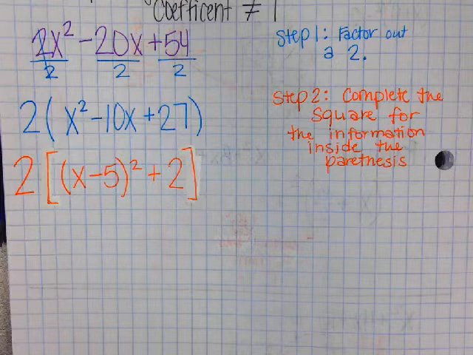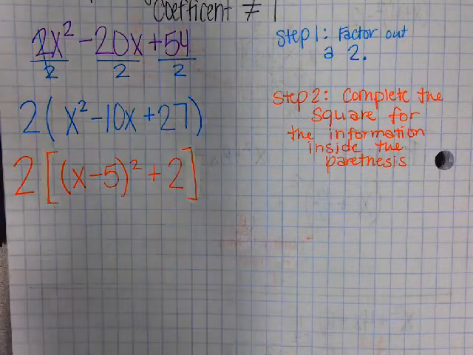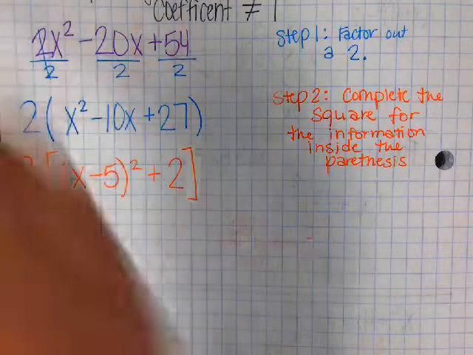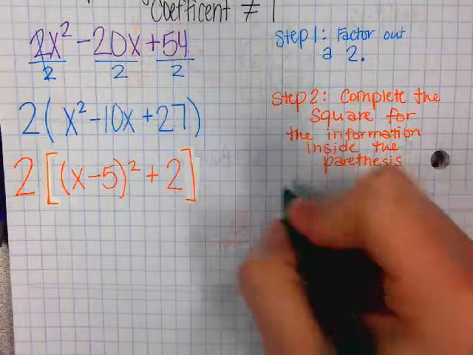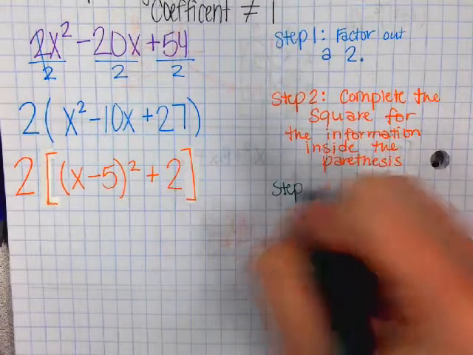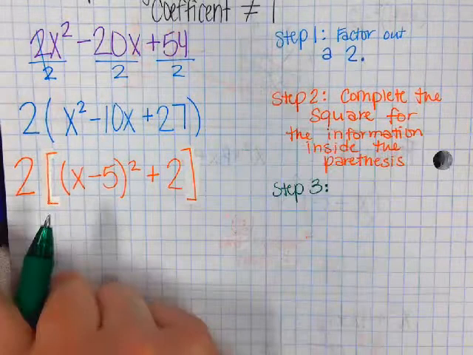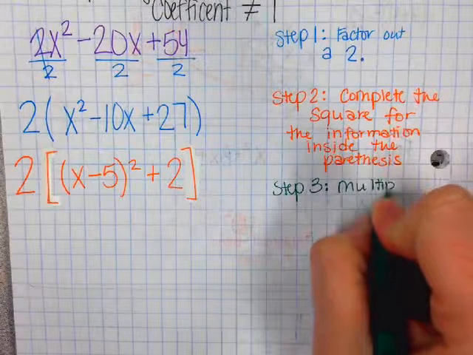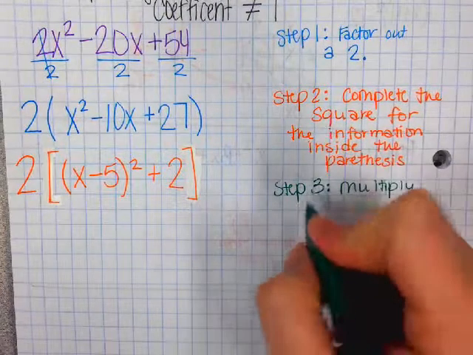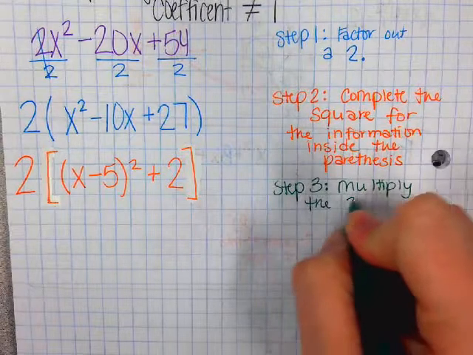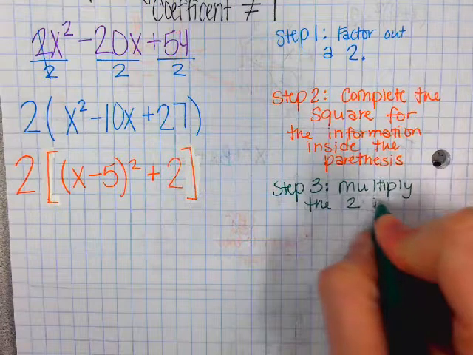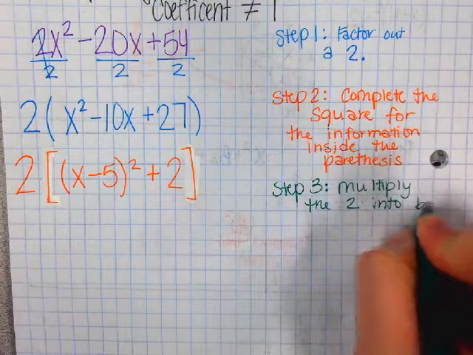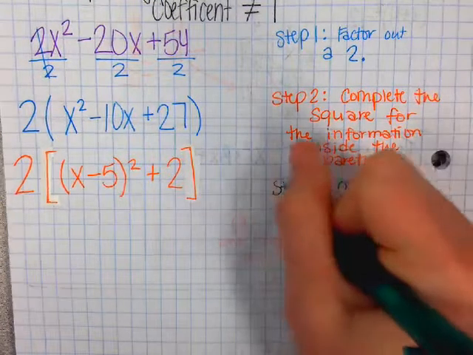Okay, now the next thing, the only thing that makes it different: step 3, you have to multiply that back in. So you multiply the 2 into both terms.